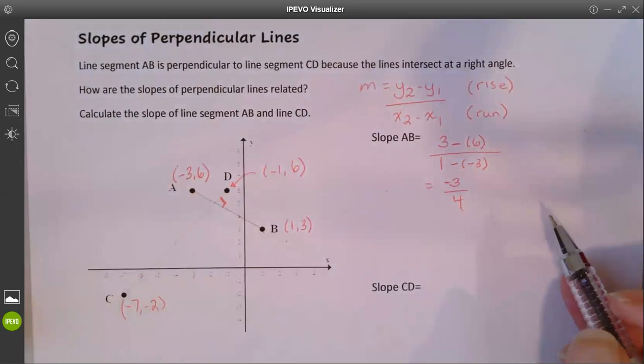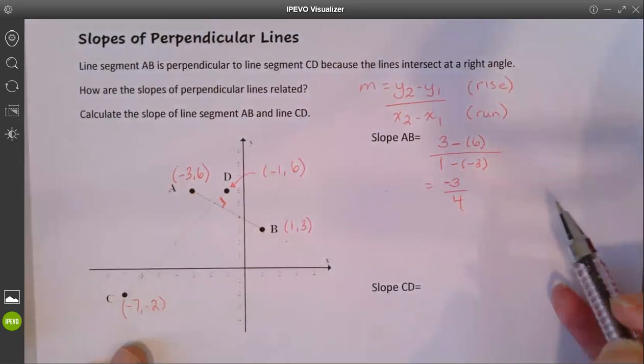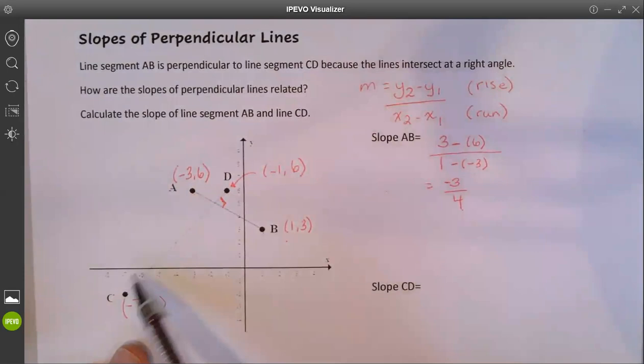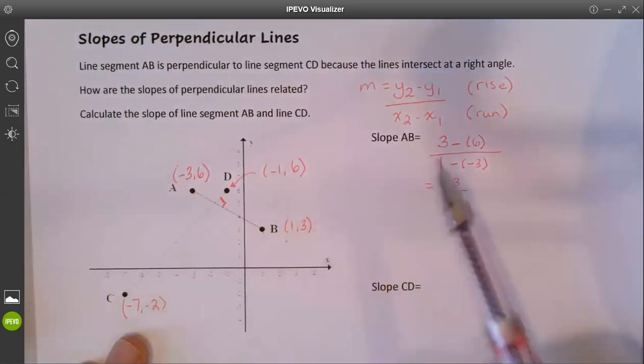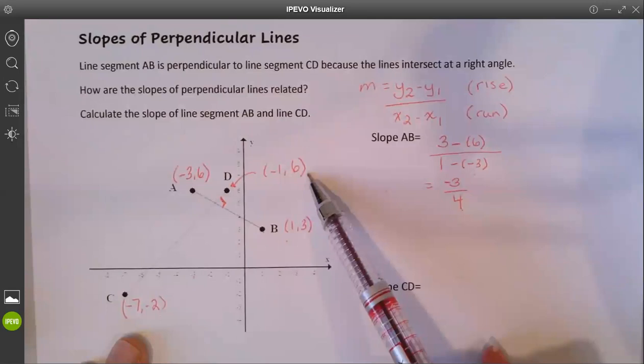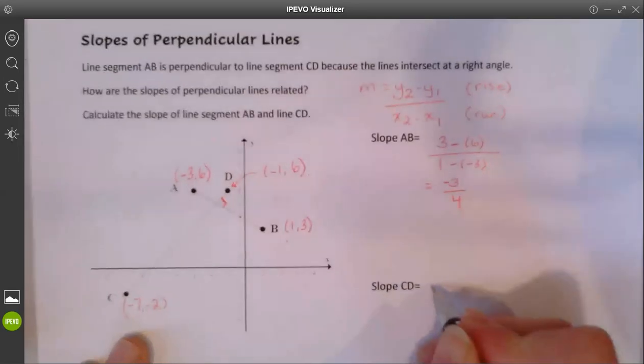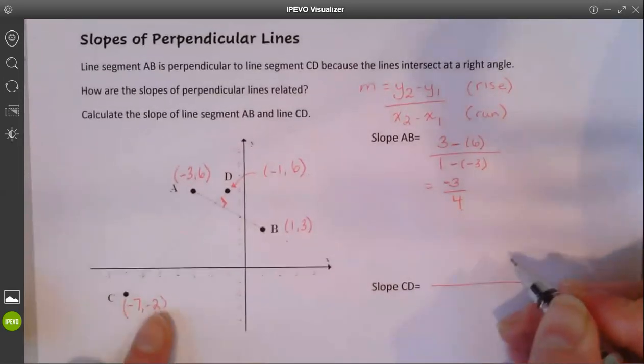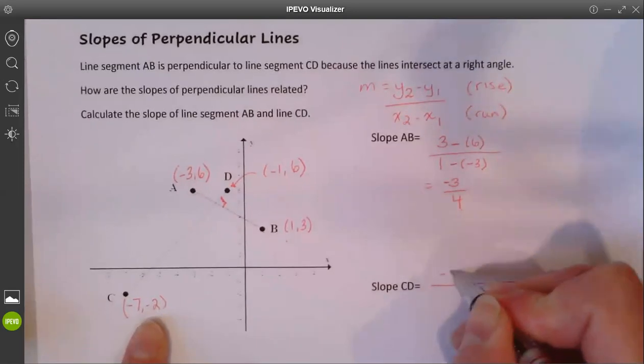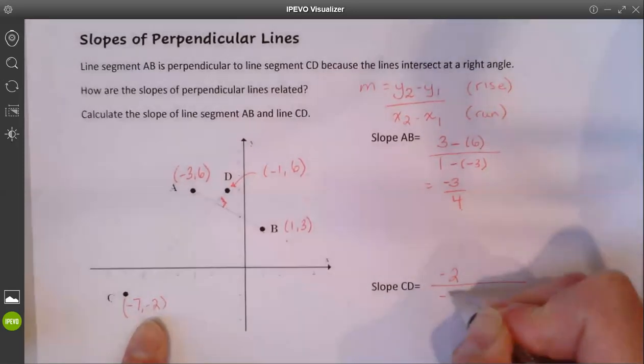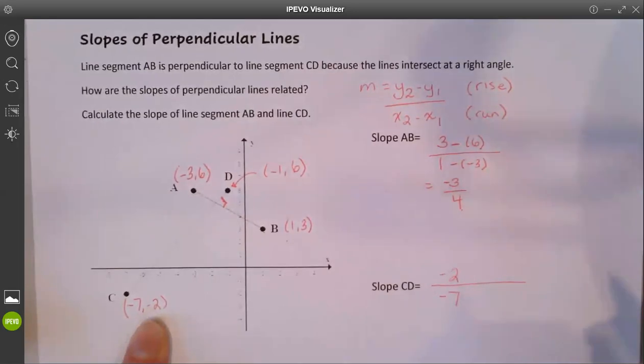Now we're going to repeat the process using the ordered pairs C and D. I've written in the ordered pairs. C is at (-7, -2), and D has the coordinates (-1, 6). So I'll start here with C. Our y value is -2, and its partner x is -7.